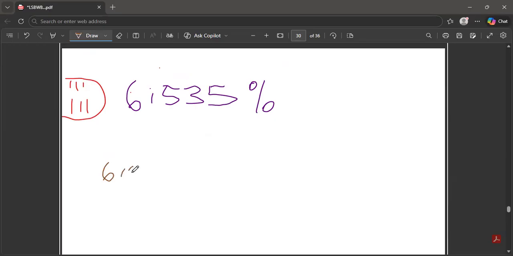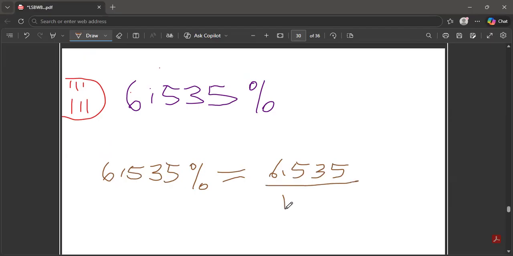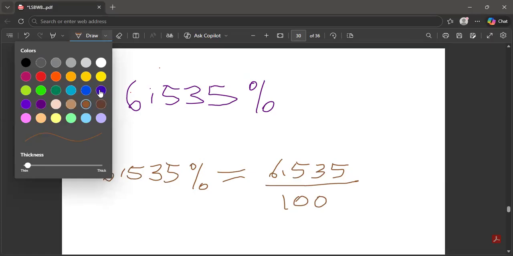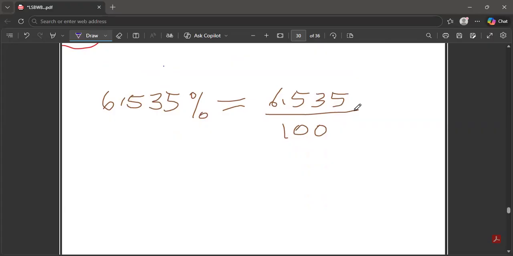So this over here, we can say that 6.535 percent is the same as 6.535 all over 100. Without beating about the bush, we can make it simpler this time. So this 100 can keep shifting this zero. So it goes like this: 1, 2.